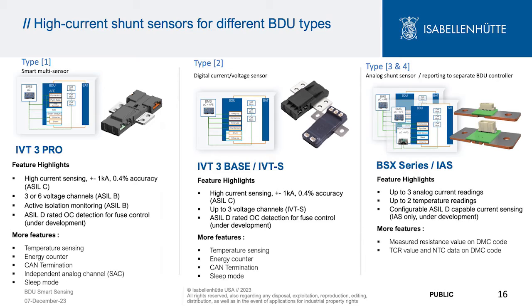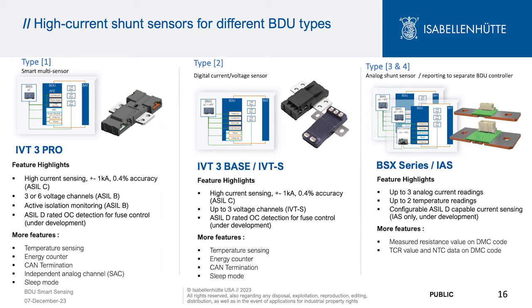Further features are temperature sensing, an energy counter, as mentioned before, for the primary current sensing channel, and the voltage channel that monitors the whole battery voltage, optional CAN termination, an independent analog output current sensing channel to basically supplement a separate current sensing module, and sleep mode.